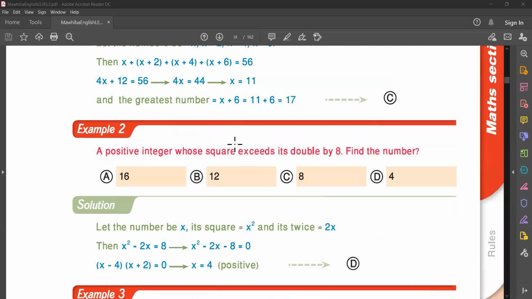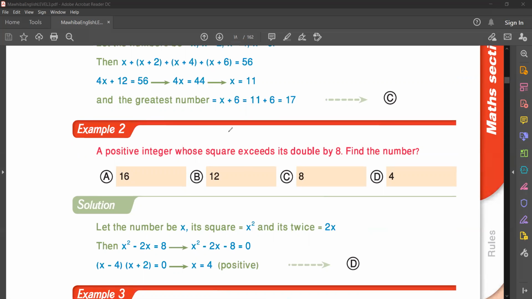Example 2: a positive integer whose square exceeds its double by 8. Find the number. When you read the question, a positive integer whose square, you put it here as x squared.